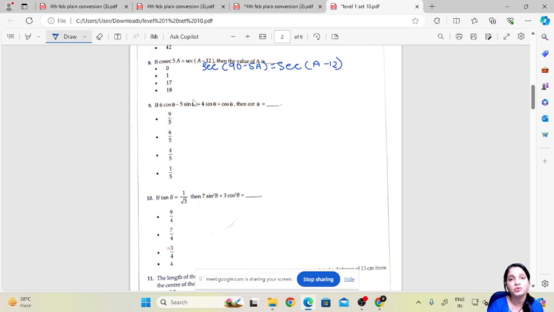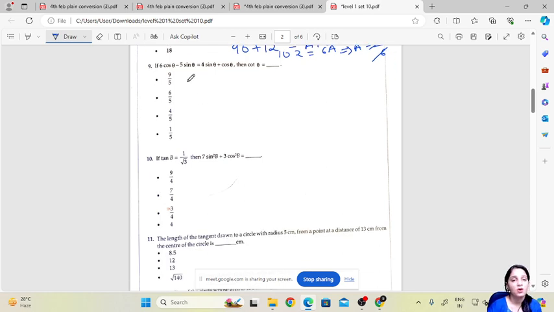Now this is also sec, this is also sec, sec gets cancelled. 90 minus 5A is equal to A minus 12. I'll just bring this minus 12 to the other side, it will be plus 12. A plus 5A, this will be 102 equal to 6A. A will be equal to 102 upon 6, which is 17. A is equal to 17.